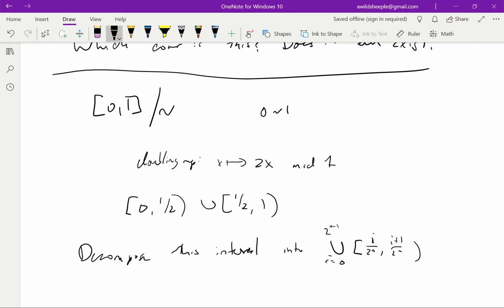Something like that. It's not 2^n, it's 2^n minus 1. Someone will probably yell at me in the Discord if it's super wrong.